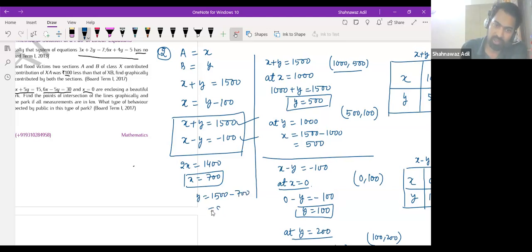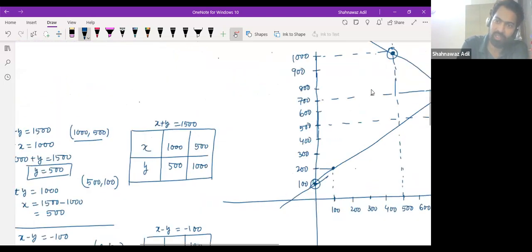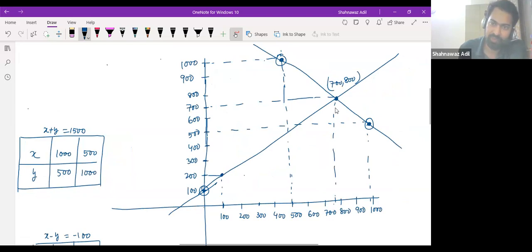This we know already, but we have to do all these things to get the graphical solution. X is 700, y is 800. So this is x, this is y, and this line is x plus y equal to 1500. This line is x minus y equal to minus.